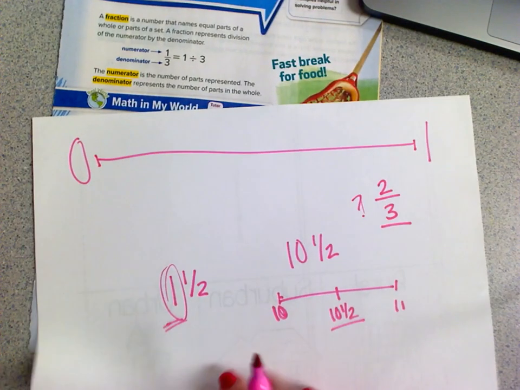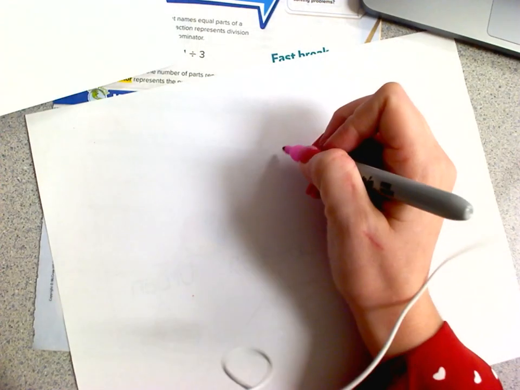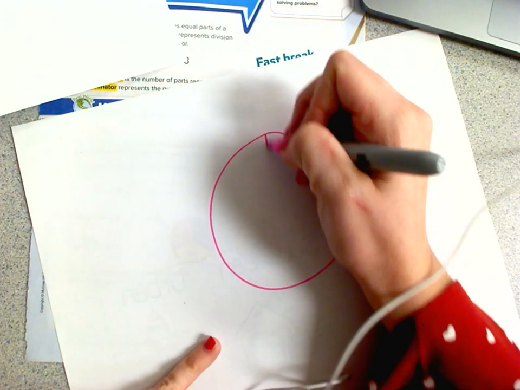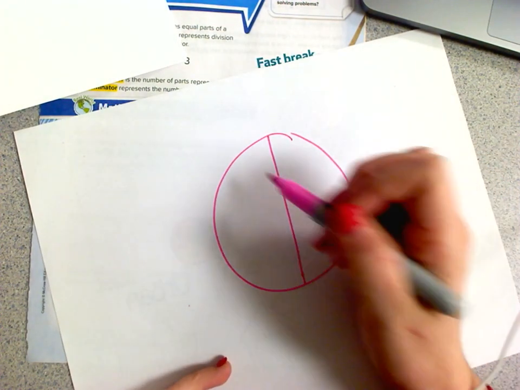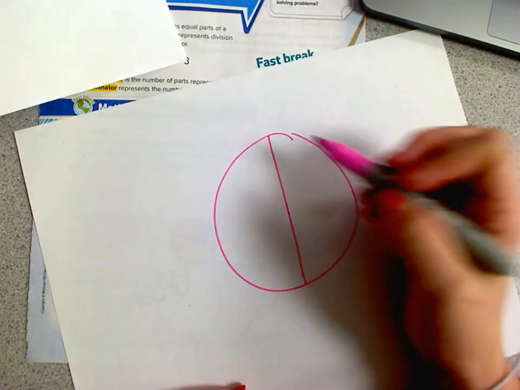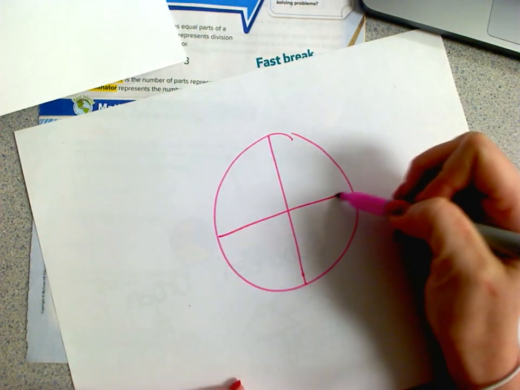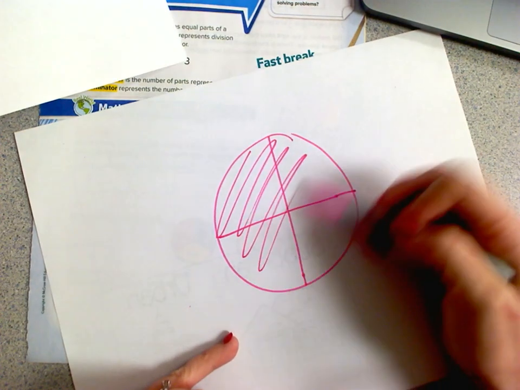Now, let's say Dylan here decided that he was going to eat everybody's parts of the pizza. I should have made this better, but let's say we're breaking it up into fourths. Dylan is eating all of this pizza.